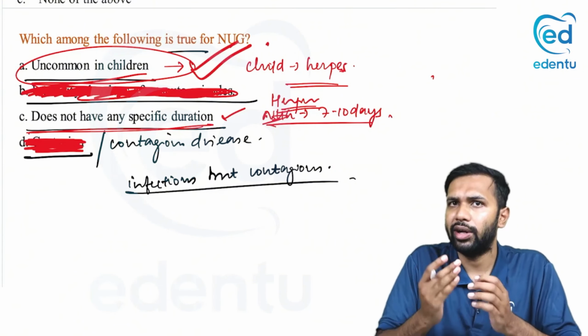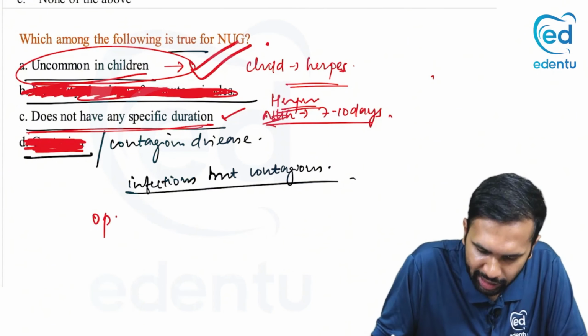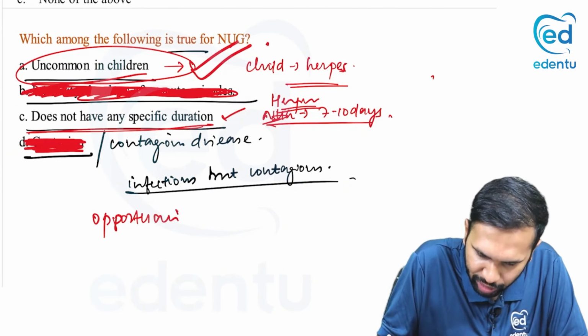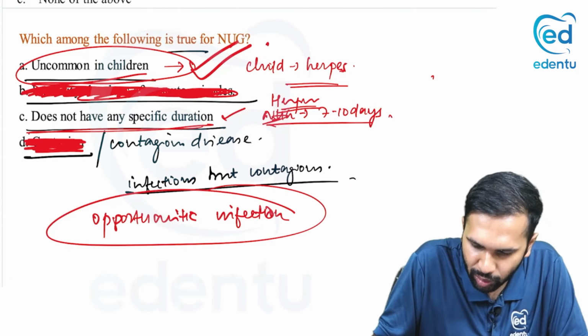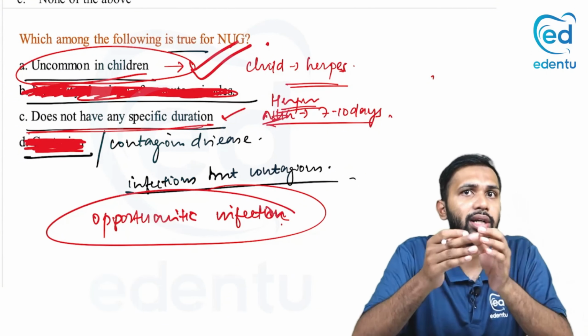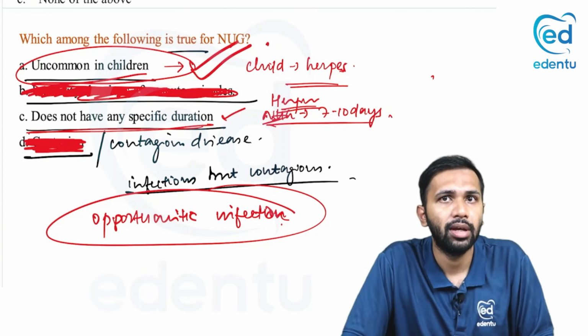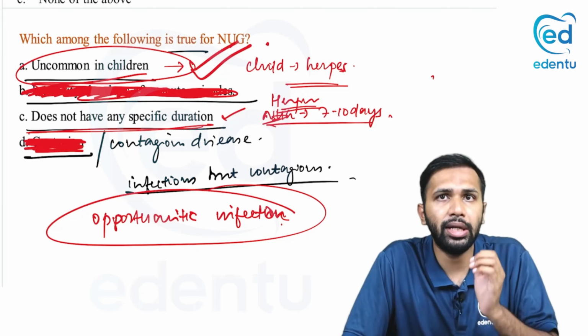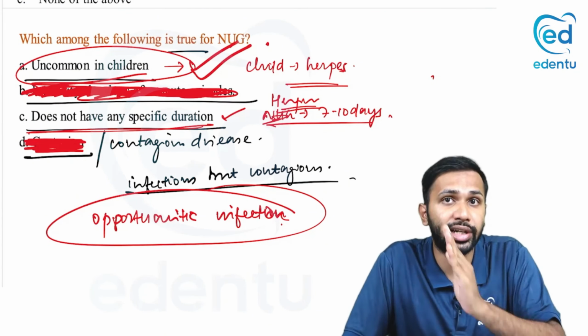Why option A? I told you NUG is an opportunistic infection. That is, you have to have some other systemic contributing factor, any factor which suppresses your immunity, for the development of NUG. It may be HIV status, uncontrolled diabetes, smoking, stress.